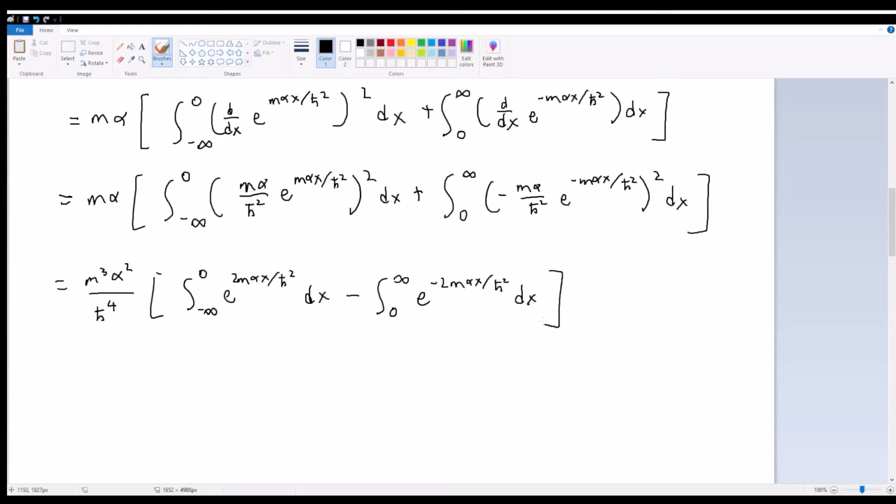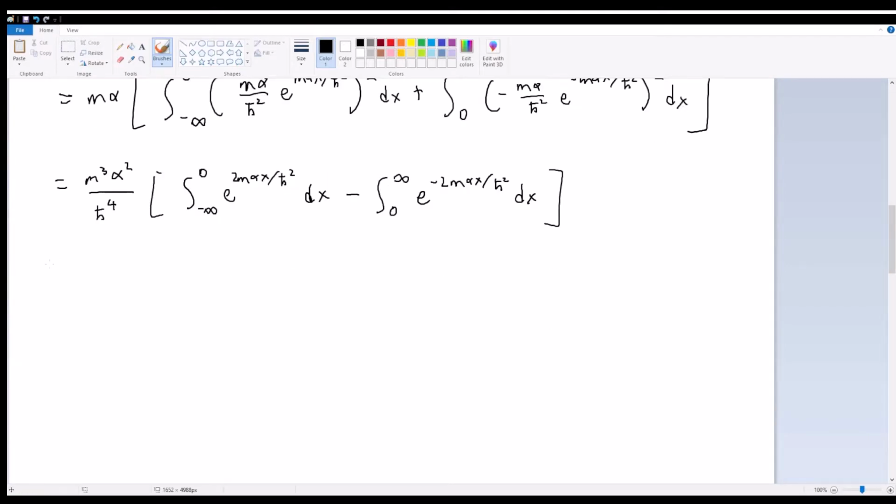And now we can just do these integrals. So this is going to give us m cubed alpha cubed. I wrote this as squared when it's supposed to be cubed.